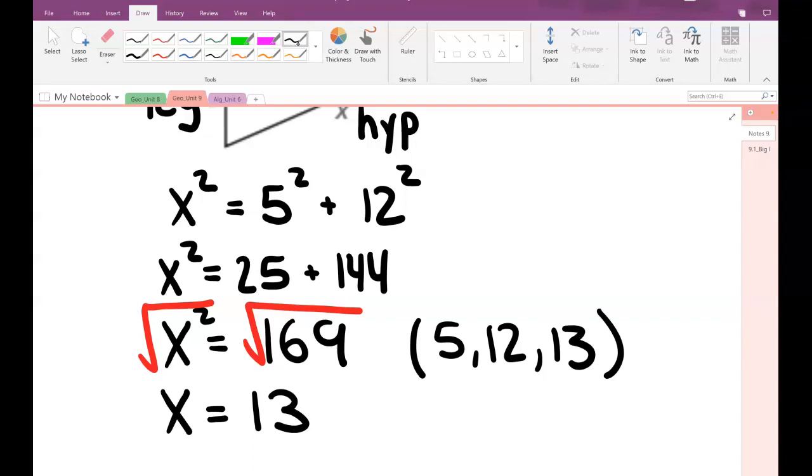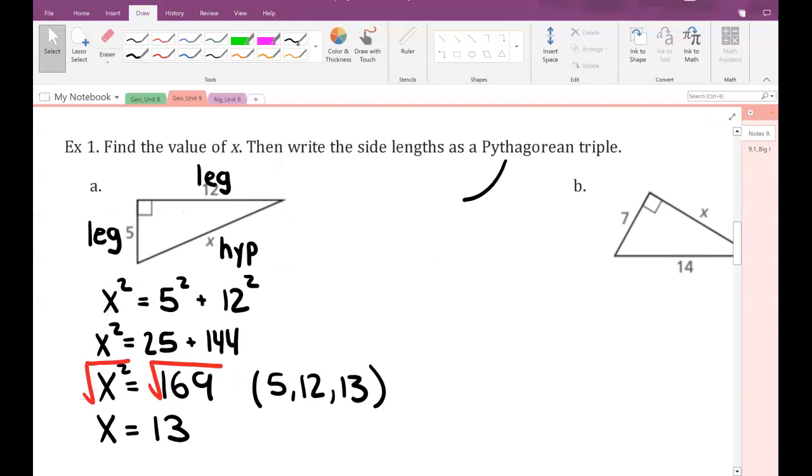A Pythagorean triple has to be all whole numbers. So if you were to get a decimal for a side length, it wouldn't work. It has to be whole numbers. So it's about as basic as it gets: just solve for the hypotenuse.